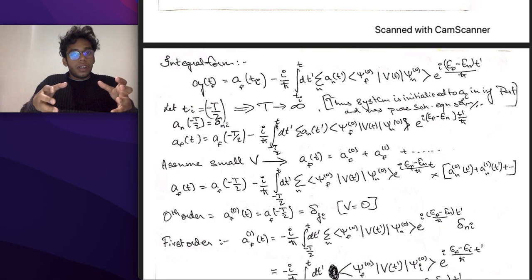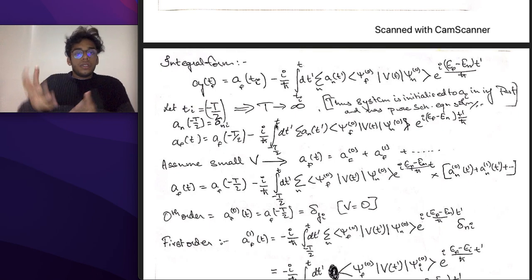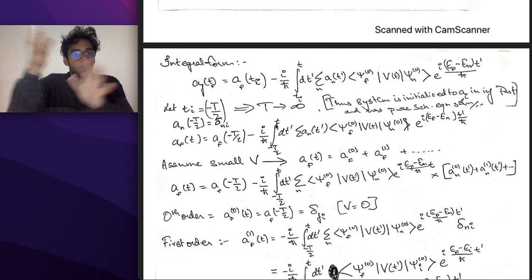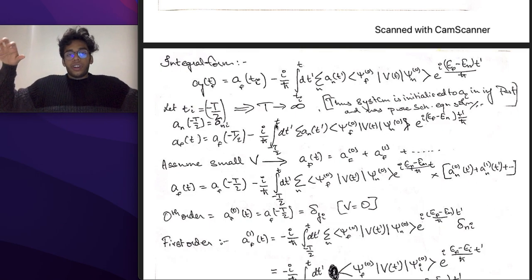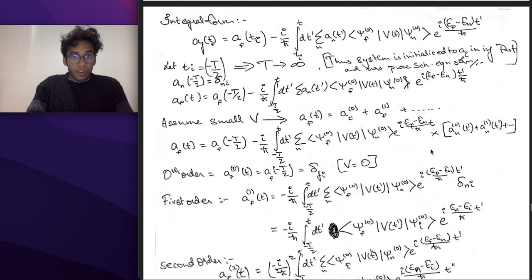So if you look far back enough in time, you see a free particle solution, and if you look far ahead into the future, you see a free particle solution again. This is like the boundary conditions that you're setting up in time.